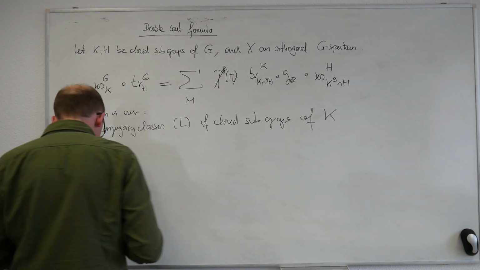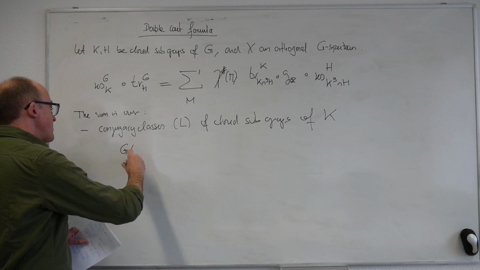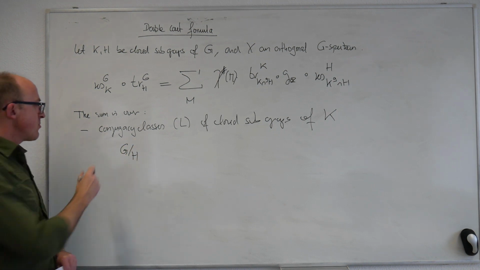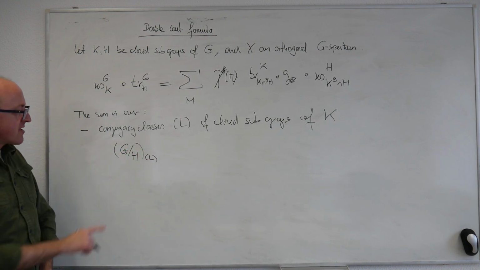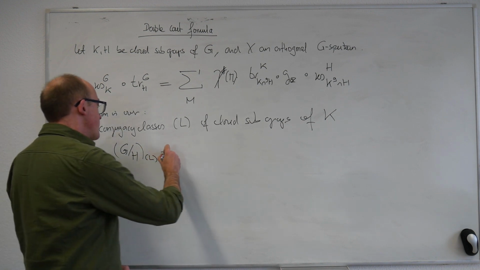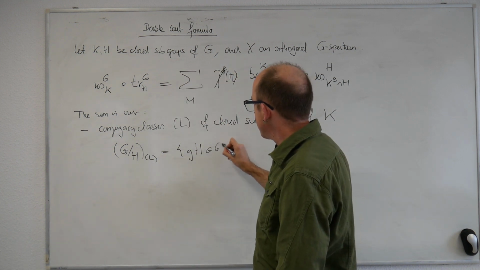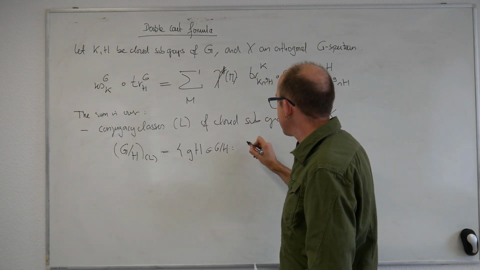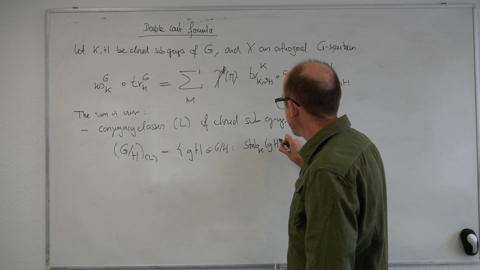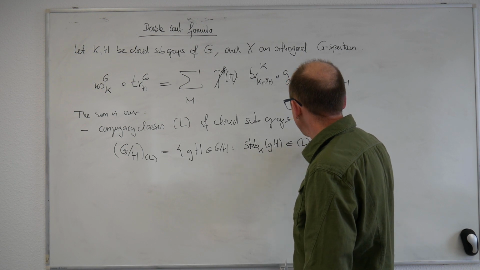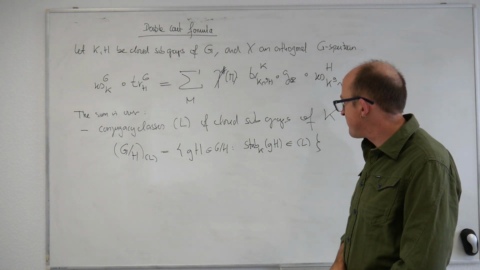So for each such conjugacy class, we can look at a certain K-invariant subset of the homogeneous space G mod H, and I call this G mod H sub round brackets L. Round brackets L is the conjugacy class, so these are all cosets gH in G mod H, with the property that the stabilizer in K of gH is in the conjugacy class of L. So G mod H has a K action by left translation.